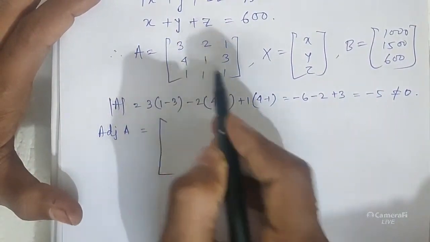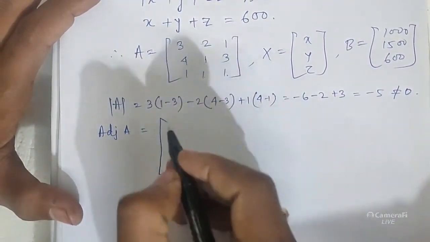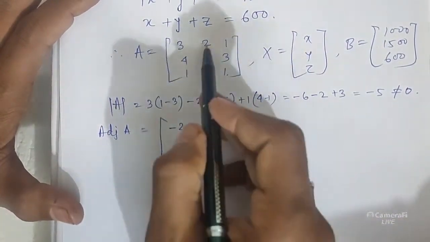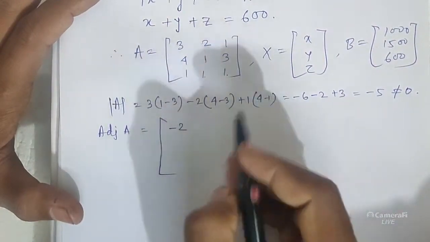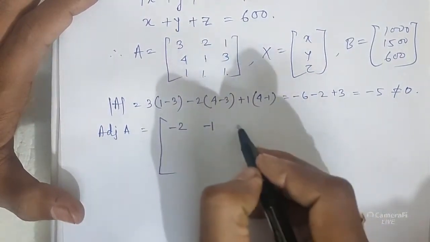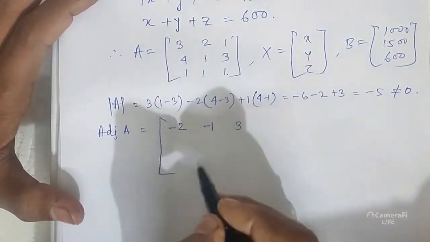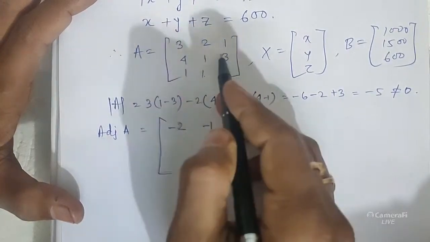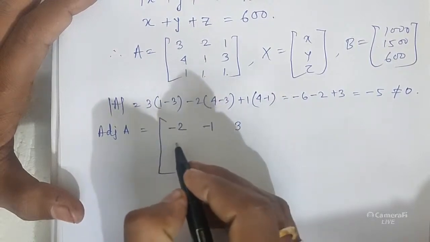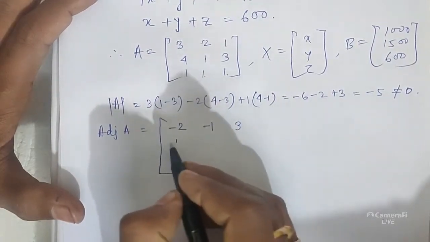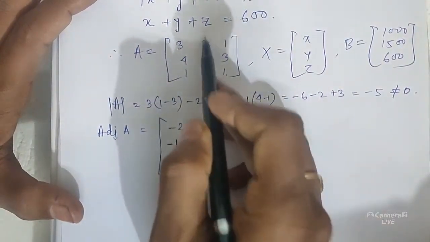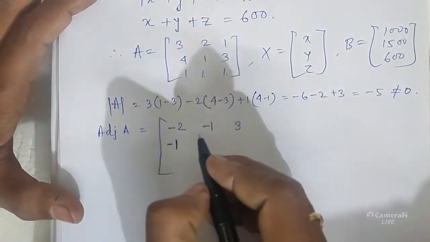From here we are getting 1 minus 3, that is minus 2. Here we are getting minus 1, and here we are getting 3. For this element we are getting 2 minus 1, that is 1, and sign is negative, so minus 1. For this element we are getting 3 minus 1, 2.